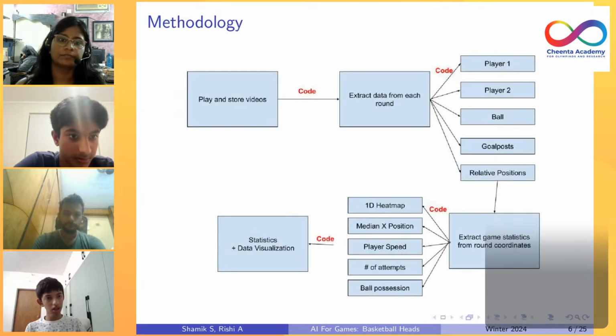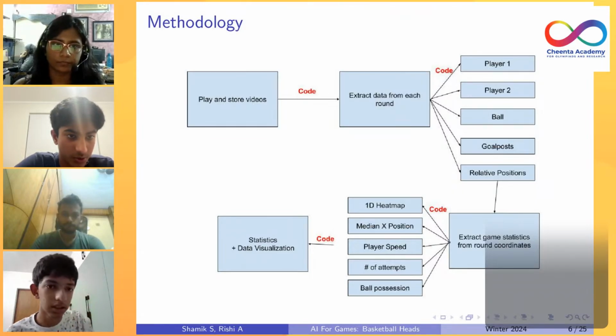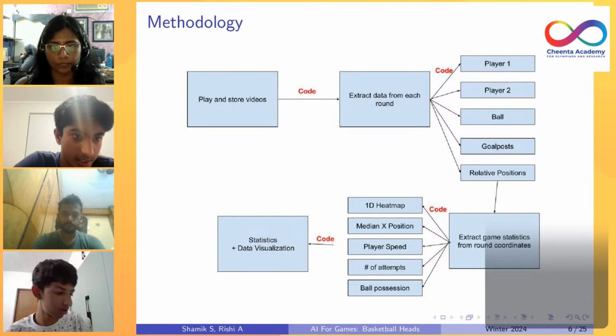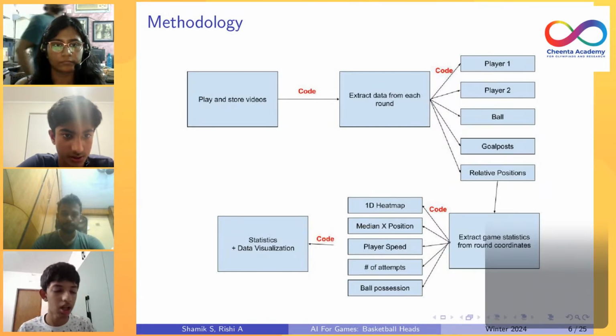This is how we went about doing our project. First, we decided to play and store videos by screen recording them. Then through code, we would extract the data from each round, which included the coordinates of player 1, player 2, the ball, both goalposts, and relative positions among these objects.